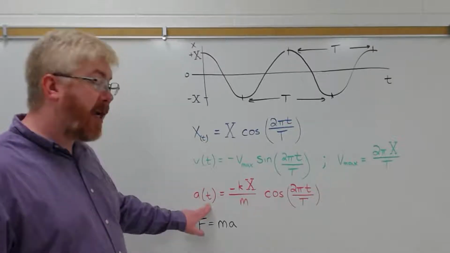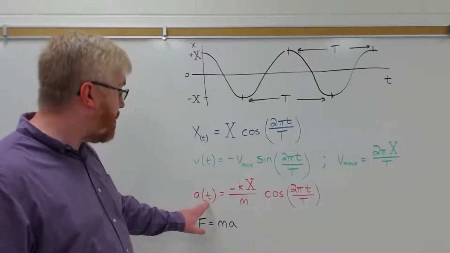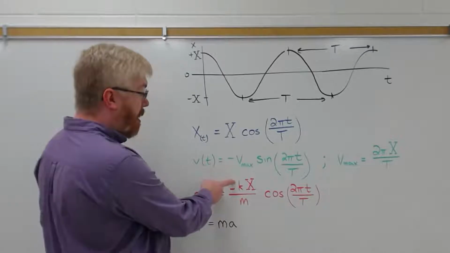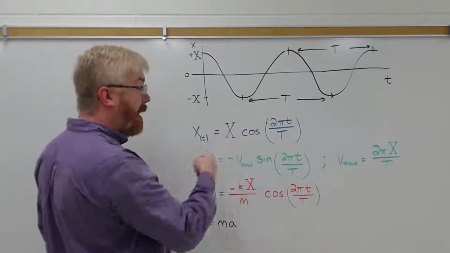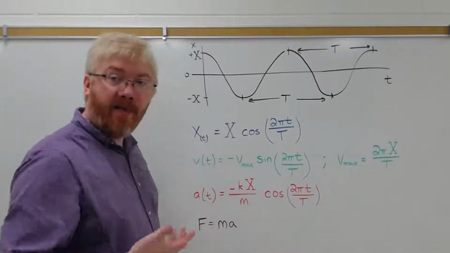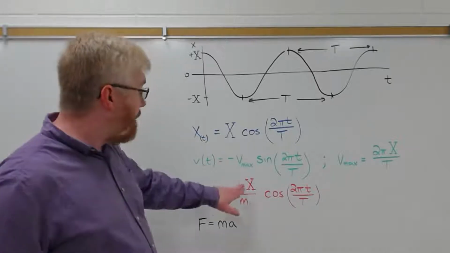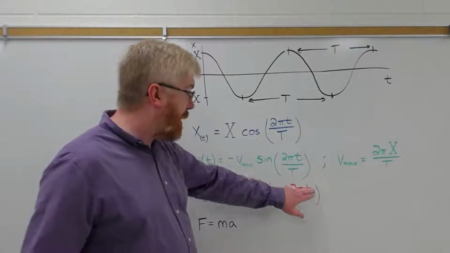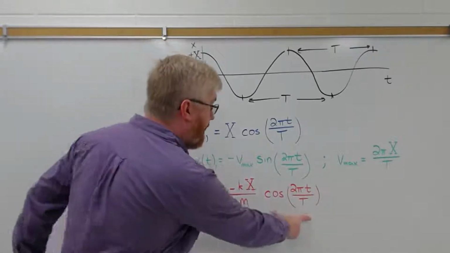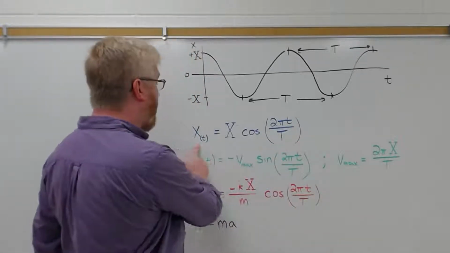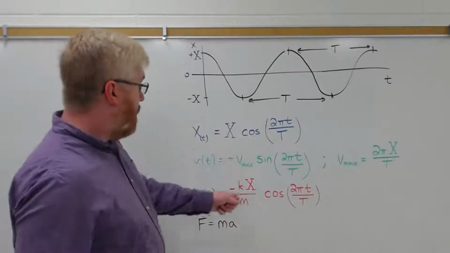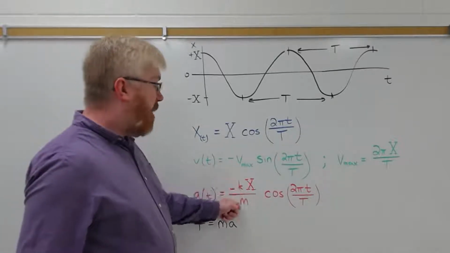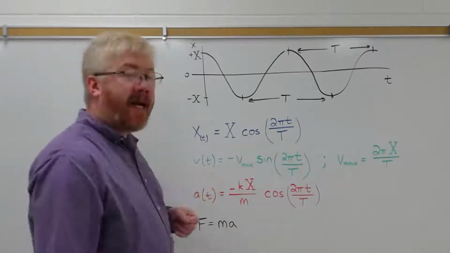This acceleration changes with time. Acceleration as a function of time is equal to minus the spring constant k over the mass m of this simple harmonic oscillator times the amplitude, capital X, times the cosine of 2 pi t over the period. So this cosine term is the same as the cosine term up here. You just have negative k over m added to the beginning of that equation.